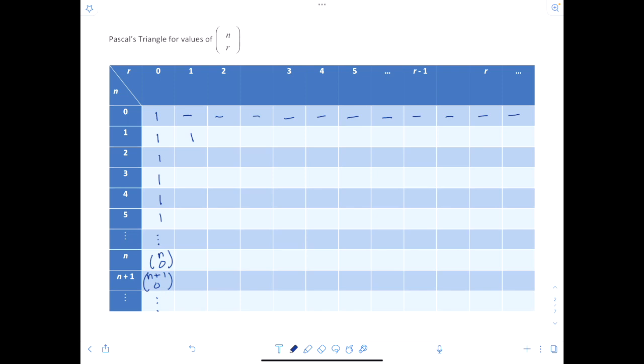But 1 choose 2, again, r has to be less than or equal to n, so these are all not applicable. They don't make sense. They are undefined. 2 choose 1 is 2, and then 2 choose 2 is 1.